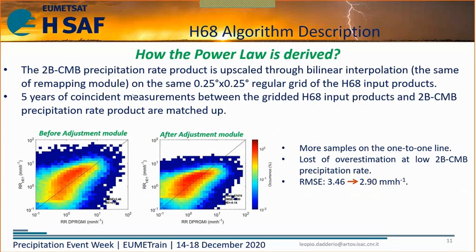So we have more samples on a one-to-one line, and we lose most of the overestimation at low to-be combined precipitation rate values. And the improvement that the adjustment module provides is certified by the root mean square error that decreases from 346 to 2.19 millimeter per hour.